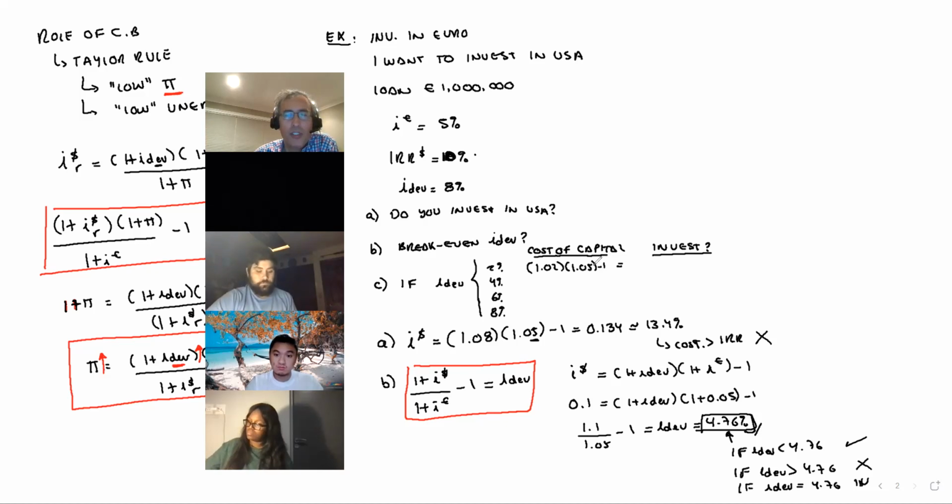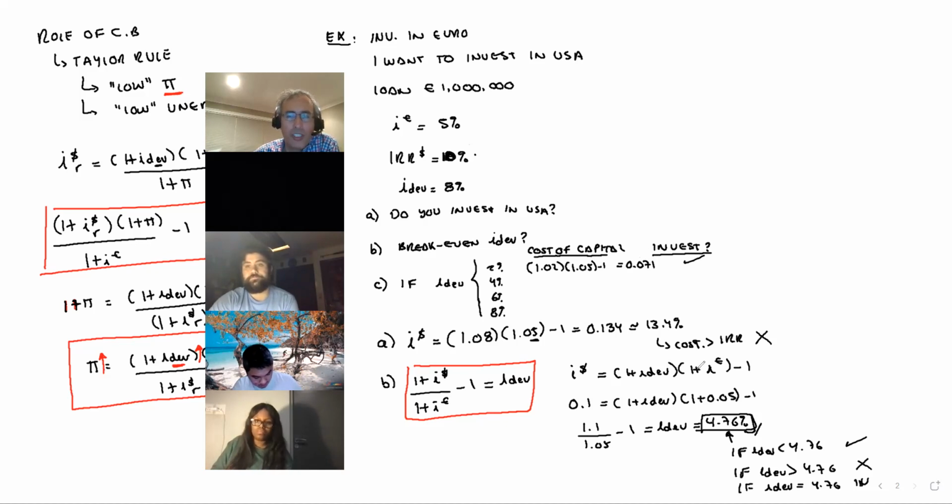So what is this number equal to? 0.071, like that? 7.1%. Right?